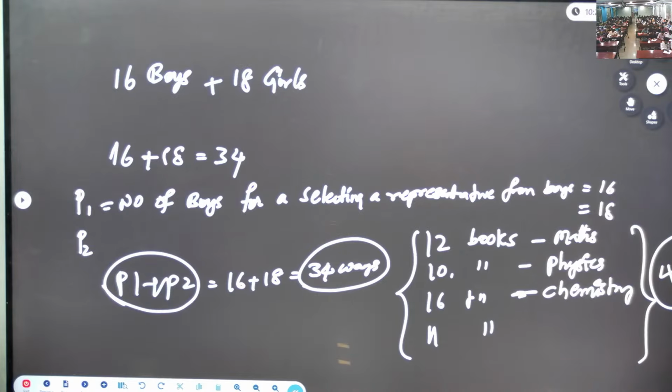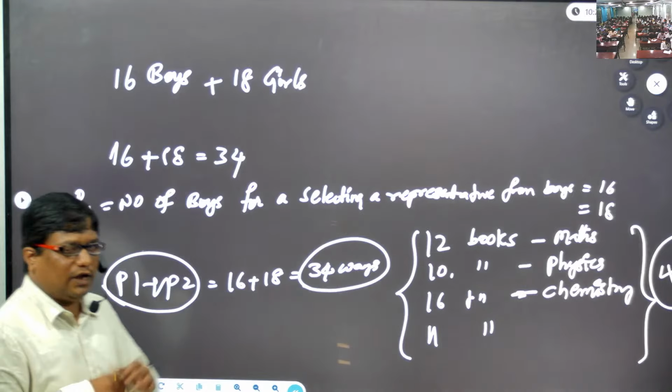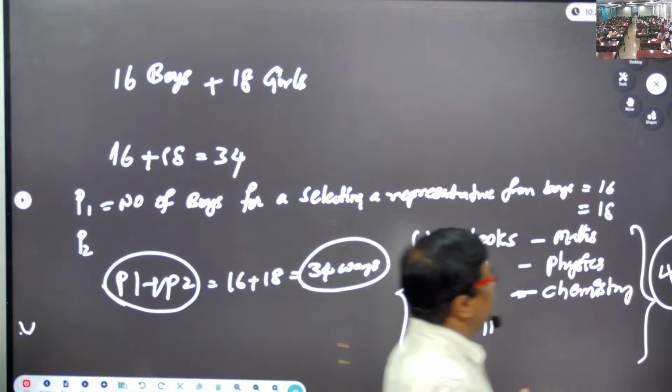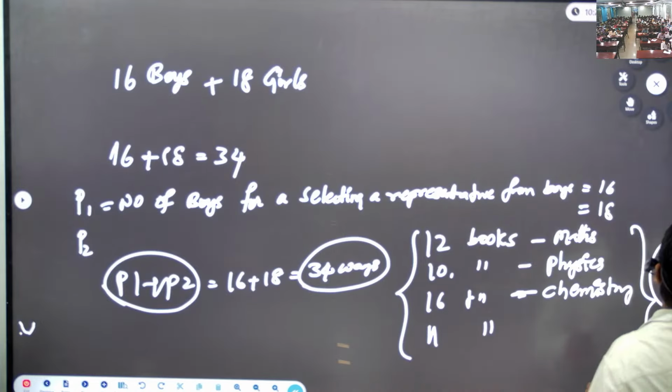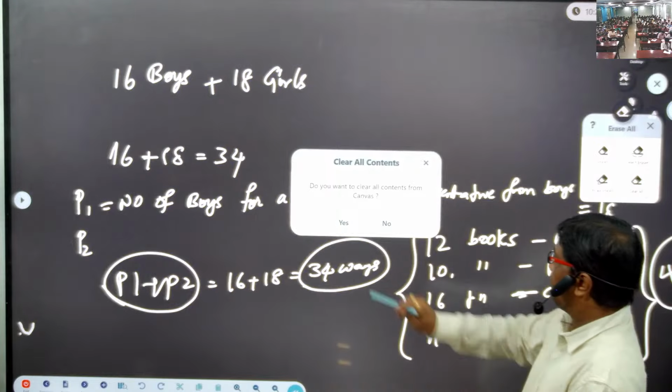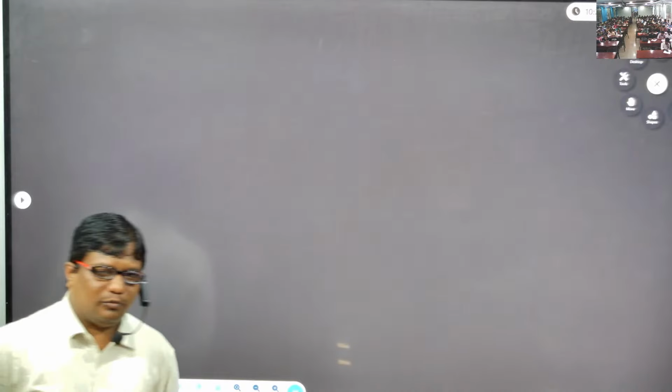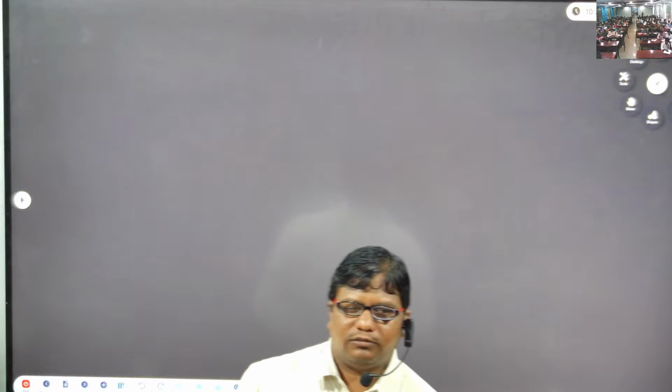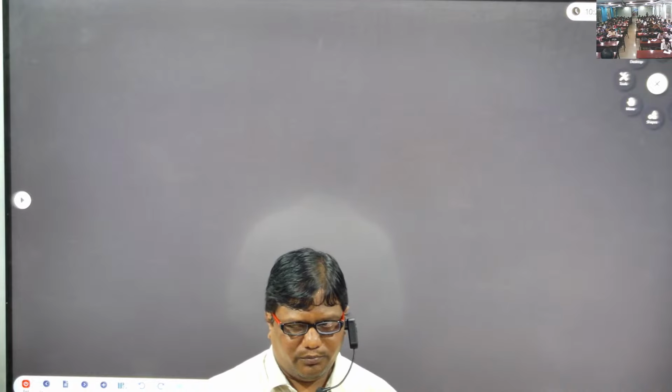Okay, so first understand the question, then tell me the answer. What rule is going to be applied over here? First tell me that, then you can go for your answer. Product rule or sum rule? Product or sum?